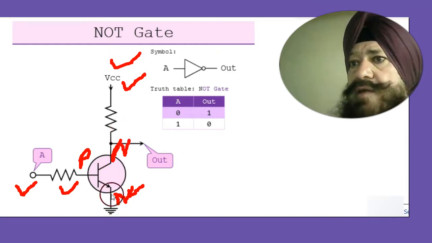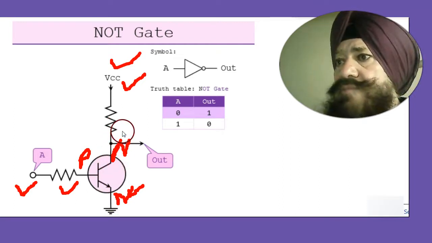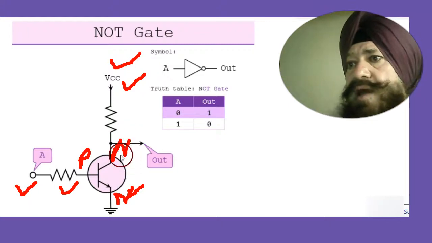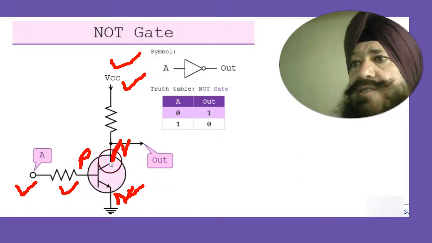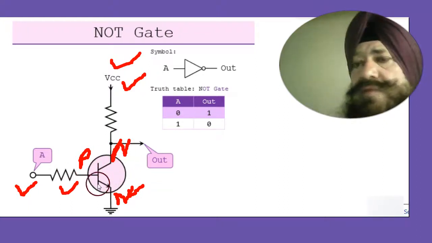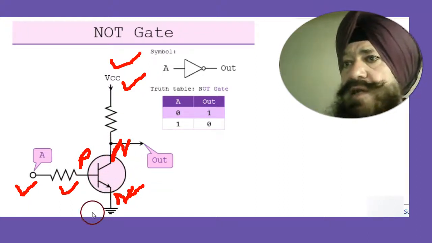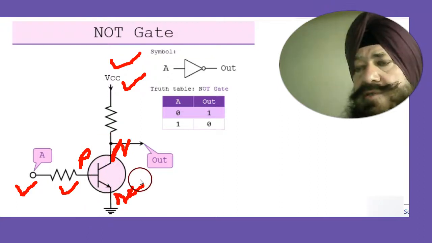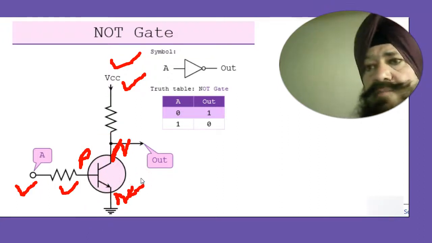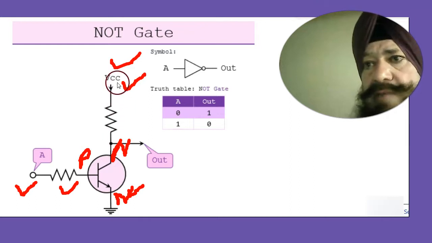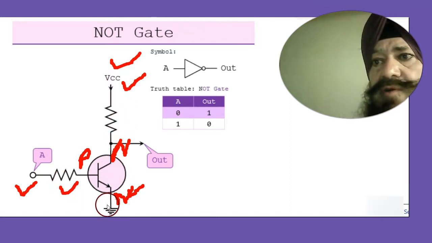This switch acts as an open switch, and the transistor is said to be in the cutoff state because both junctions are reverse biased.